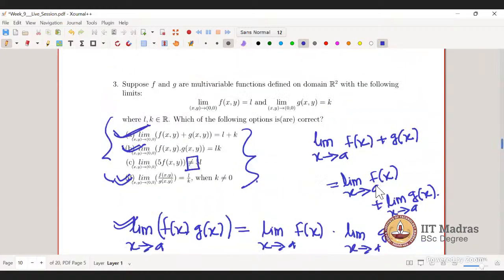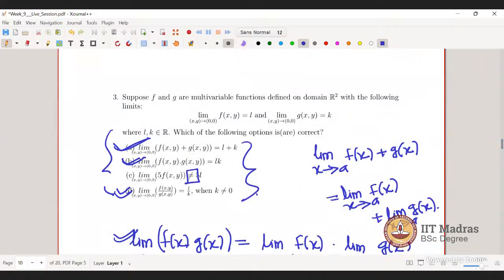But here in the third option, it is saying that this limit is not equal to 5 times the limit of f of x comma y. In the fourth option, g of xy should be mentioned, right? Since it's the quotient. The quotient rule, g of xy, is not mentioned, no?